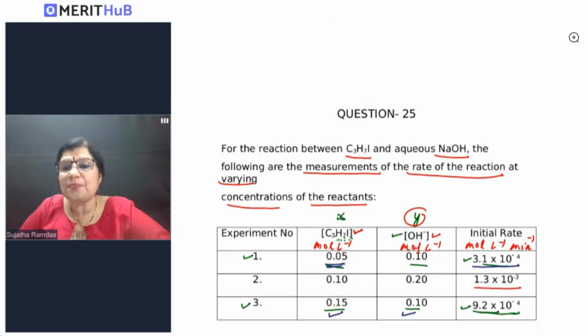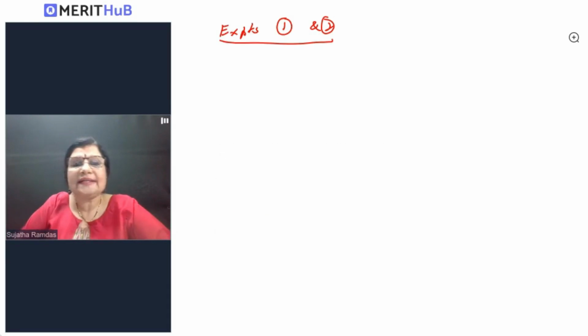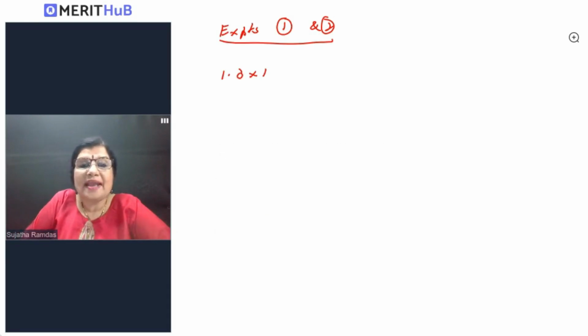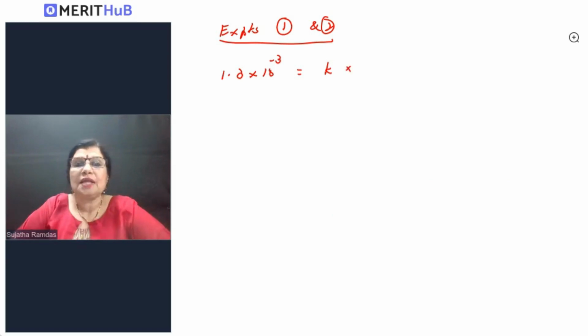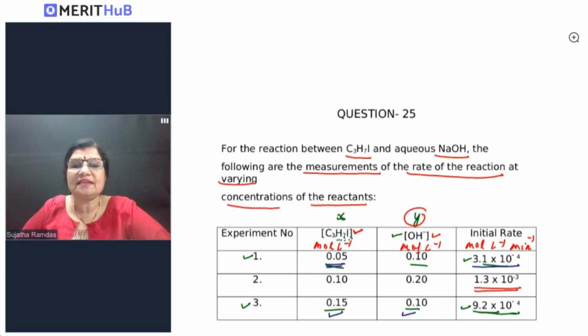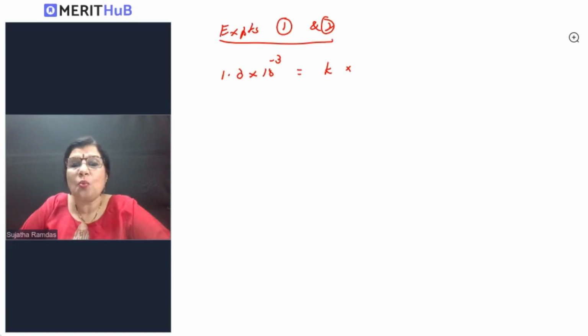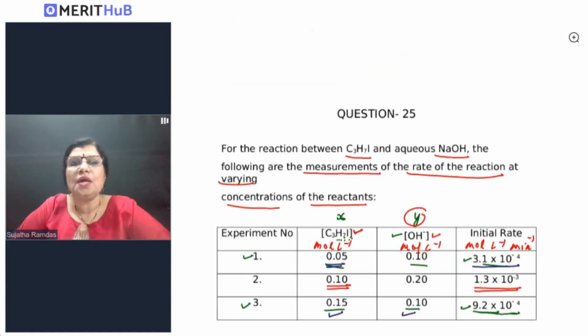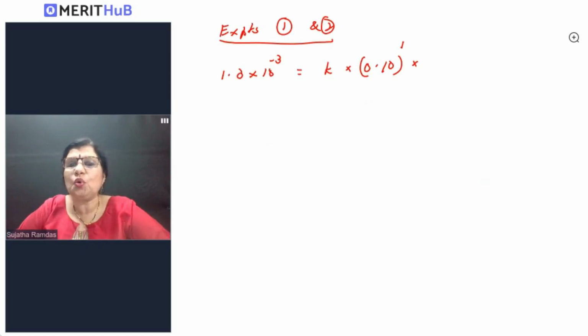We notice that experiment 2 has a higher rate. 1.3 into 10 to the power of minus 3 is equal to K into the concentration of C3H7I in experiment 2, which is 0.10 to the power of X. We know what X is, equal to 1, into the concentration of OH minus in experiment 2, which is 0.20 to the power of Y.